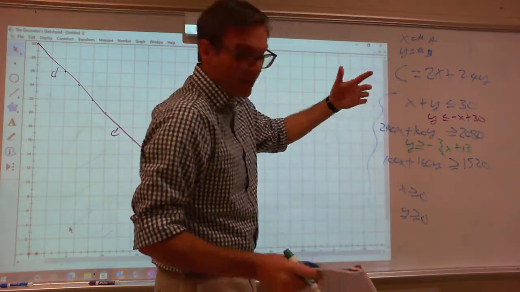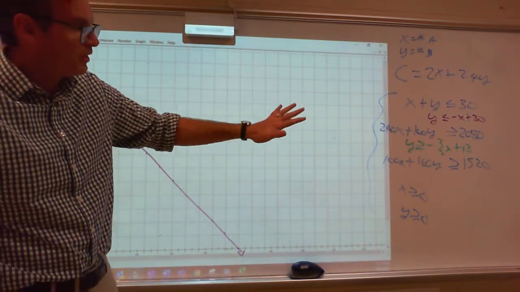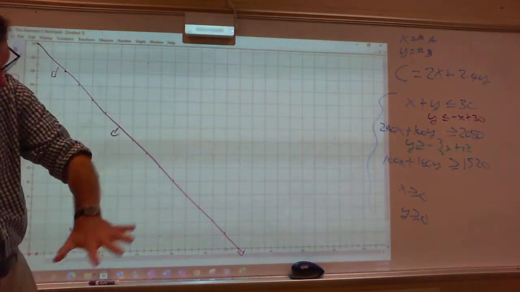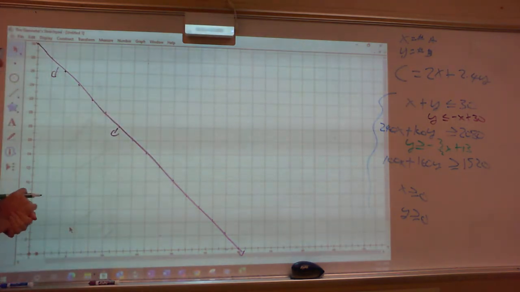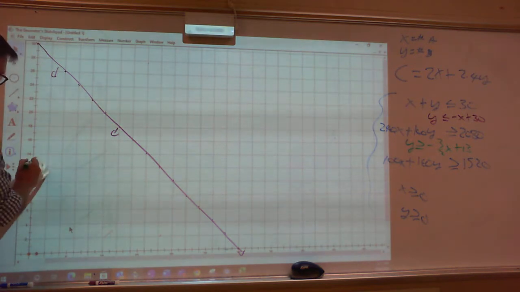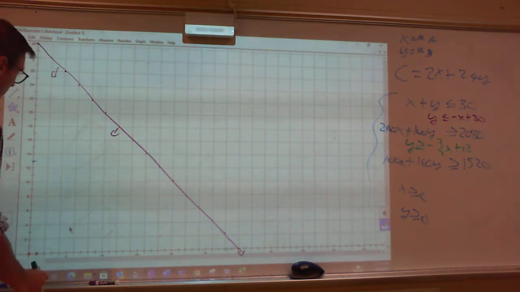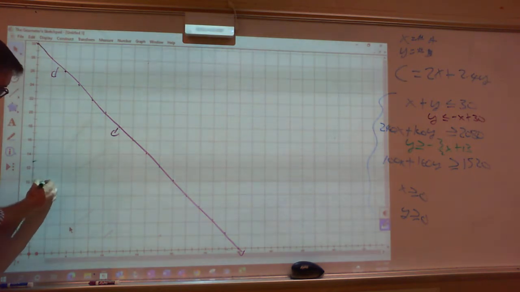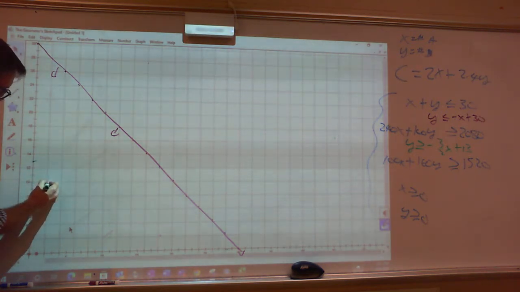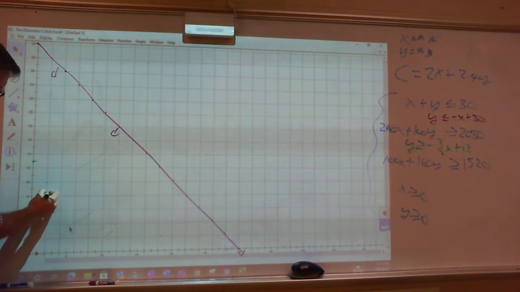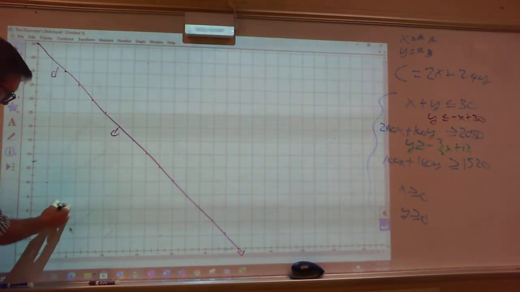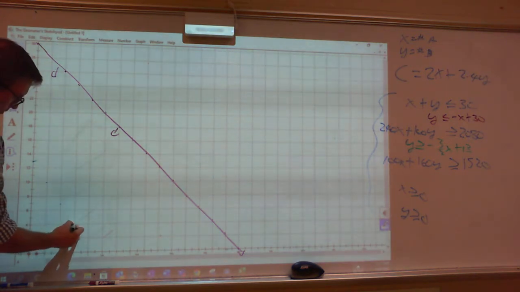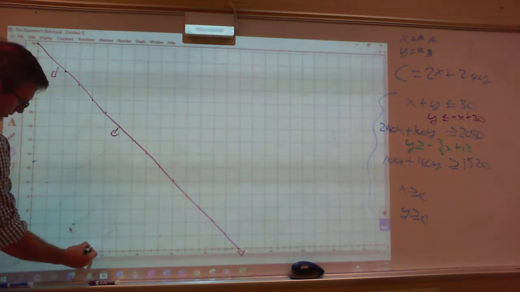Subtract 240x, divide by 160. Again, I wouldn't give you something that ugly on any kind of assessment, but I don't have any problems doing it in class. So this says start at 13 and go down 3, over 2, down 3, over 2, down 3, over 2, down 3, over 2.